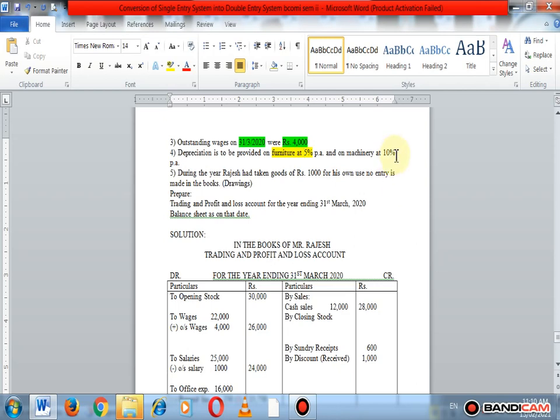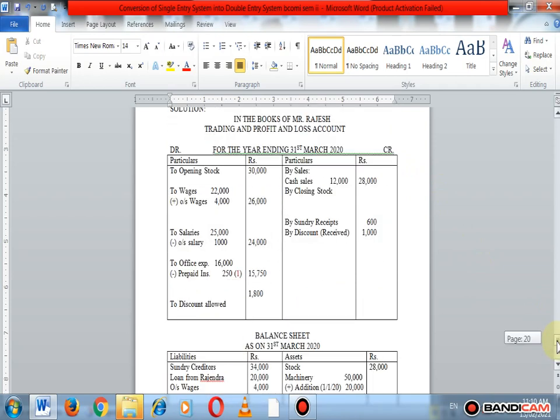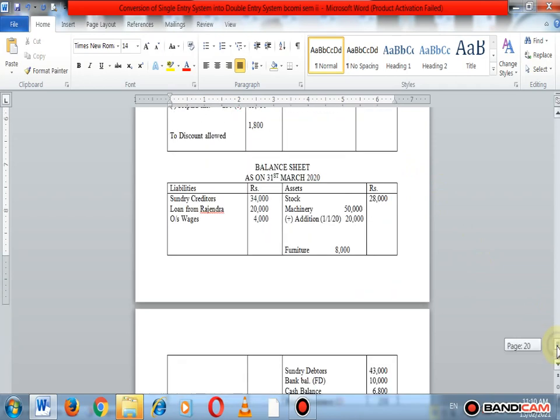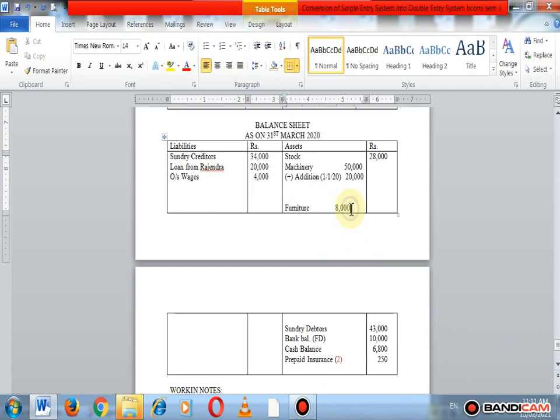So we compute the depreciation of two machineries, that is old machinery and new machinery, which is purchased on 1st January 2020. So first of all we calculate the depreciation on furniture.